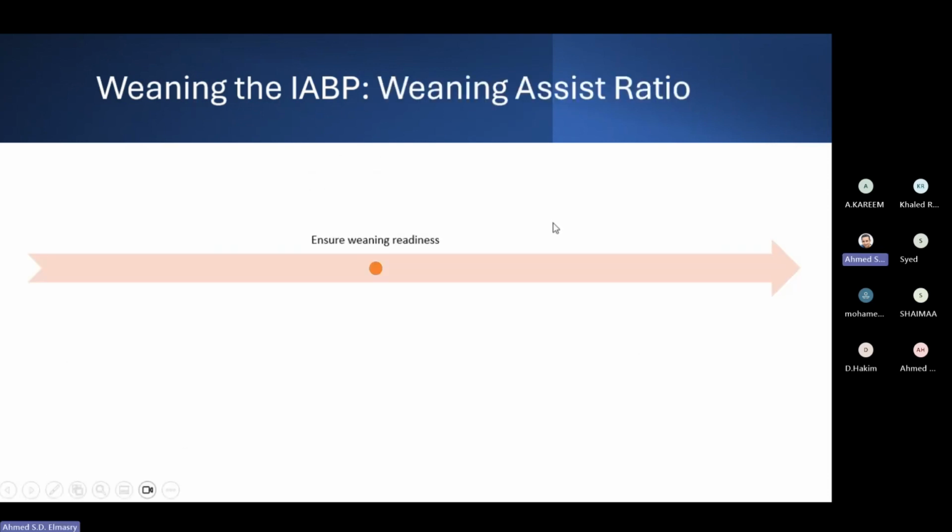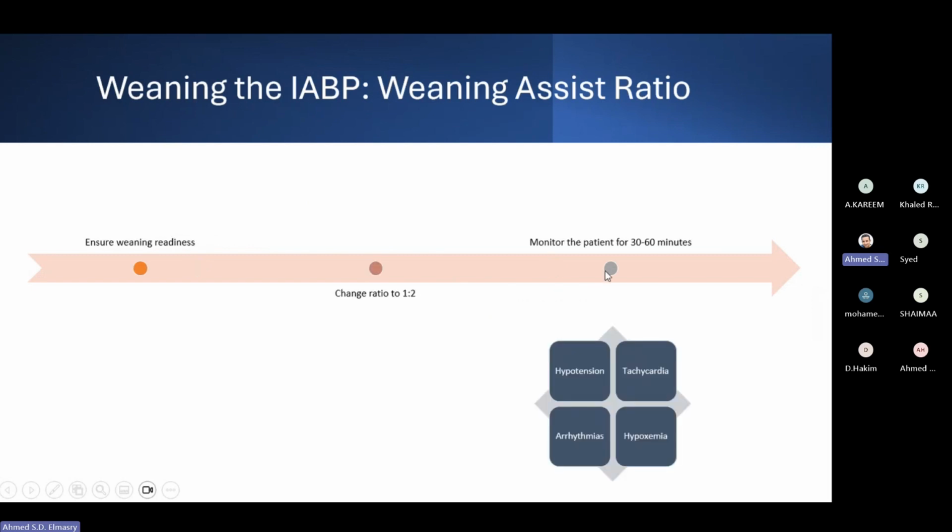So if we go to the weaning mode, which is weaning the assist ratio, first we have to fulfill the criteria of weaning readiness, and you have to ensure weaning readiness. After that, change the ratio into 1:2. For 30 to 60 minutes, you have to monitor the patient for any signs of deterioration like hypotension, tachycardia, hypoxemia, and arrhythmia.